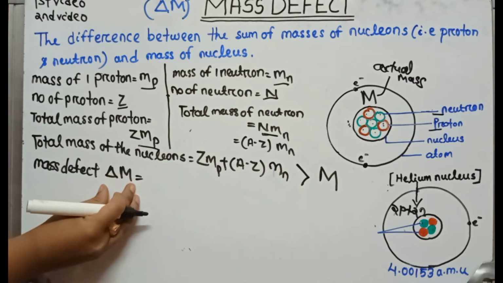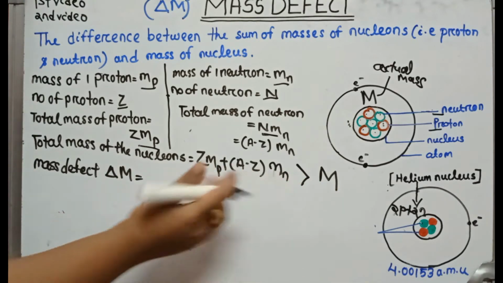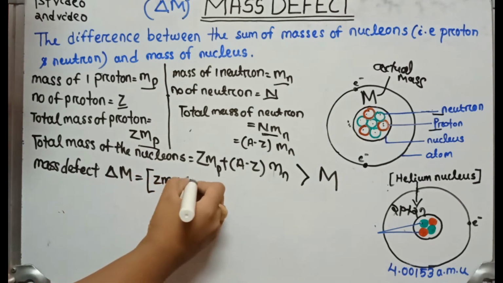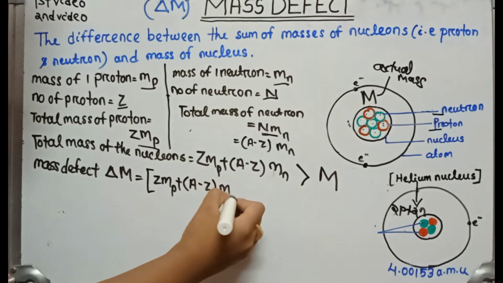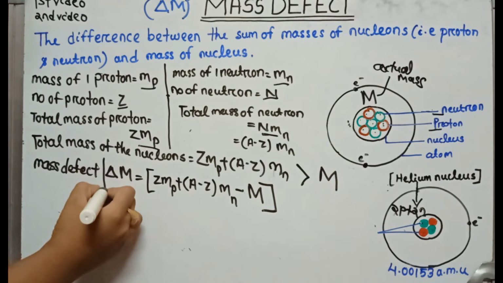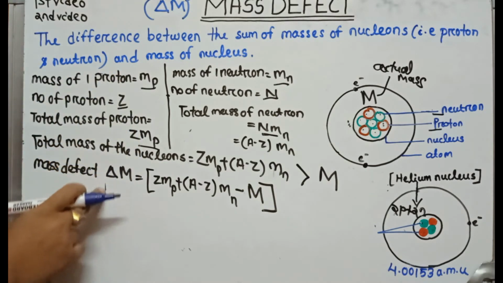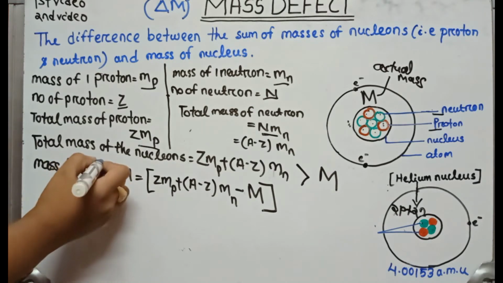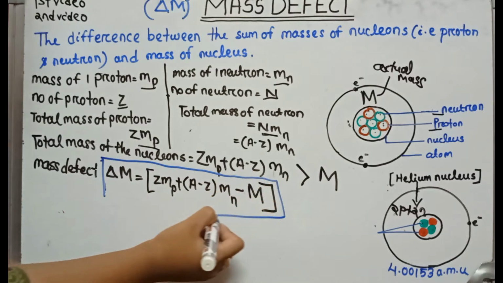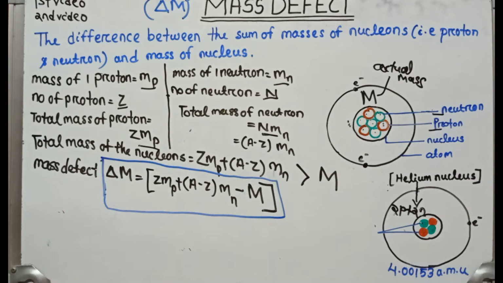Delta M equals, we subtract this from this, that is Z Mp plus (A minus Z) Mn minus capital M. That equation gives the general formula for mass defect. You clear, students?